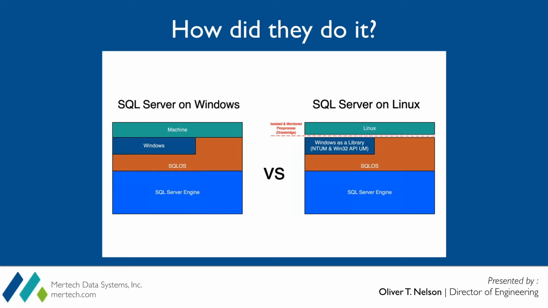Microsoft has made a loadable library version of the entire Windows kernel and Windows API. Now, interestingly, you can load other operating systems in a similar manner using the same technology stack to give you things like Ubuntu running on Windows, but that's a topic for a different webinar. Now, that's part of it.